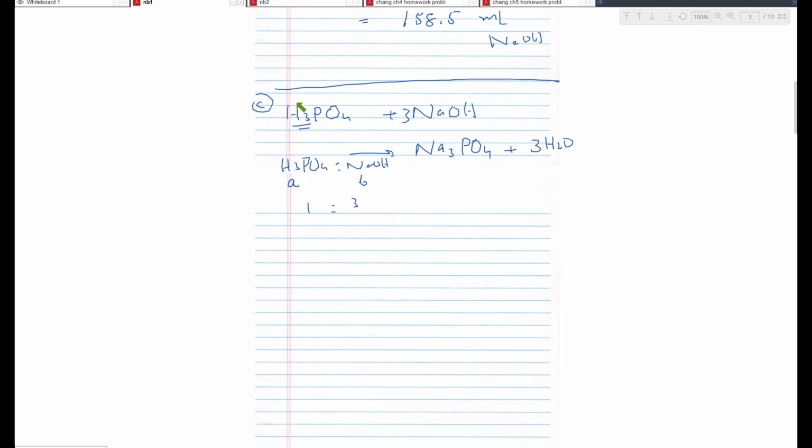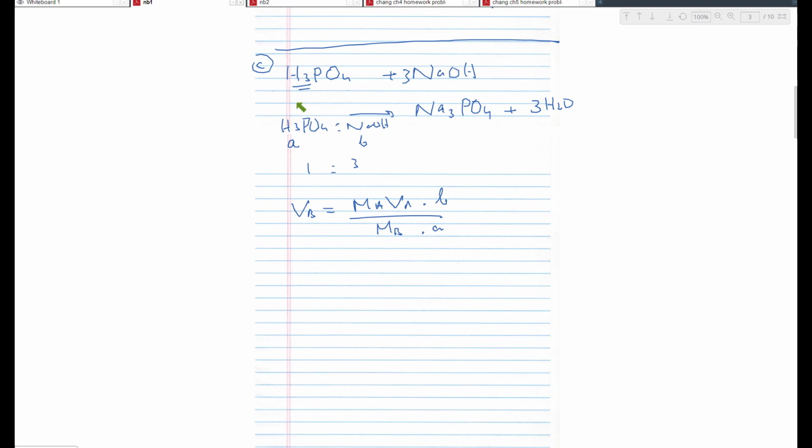Okay, and now again using the formula, now I'm directly using VB is equal to MAVA over MB, and here it is going to be multiplied by B and by A. MA is how much in the third part? The molarity, 1.50. Yep. Volume is again the same, 25.00. B is 3 in this case.